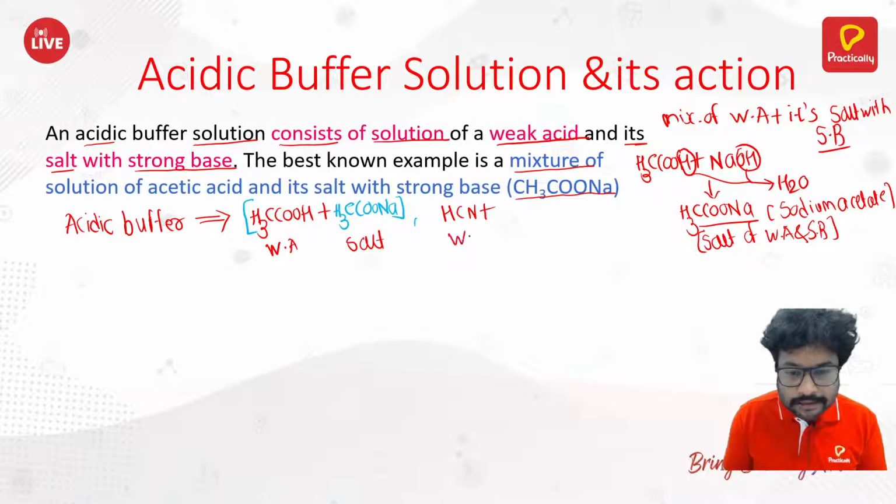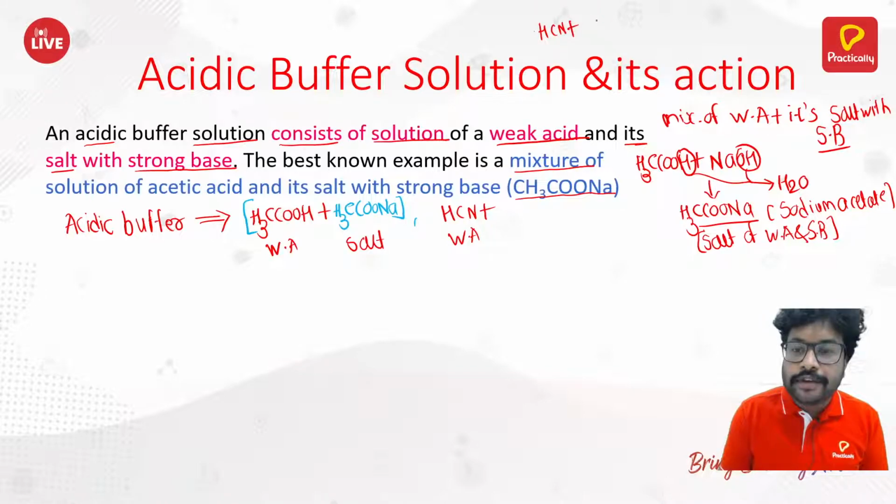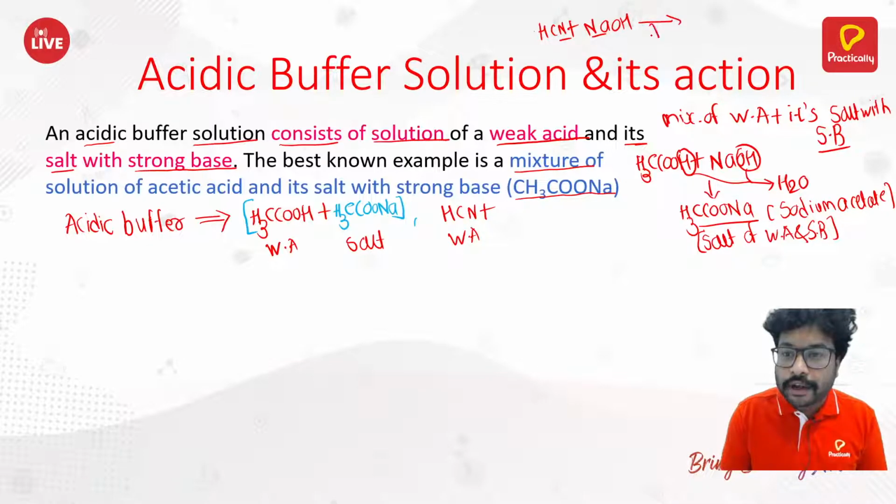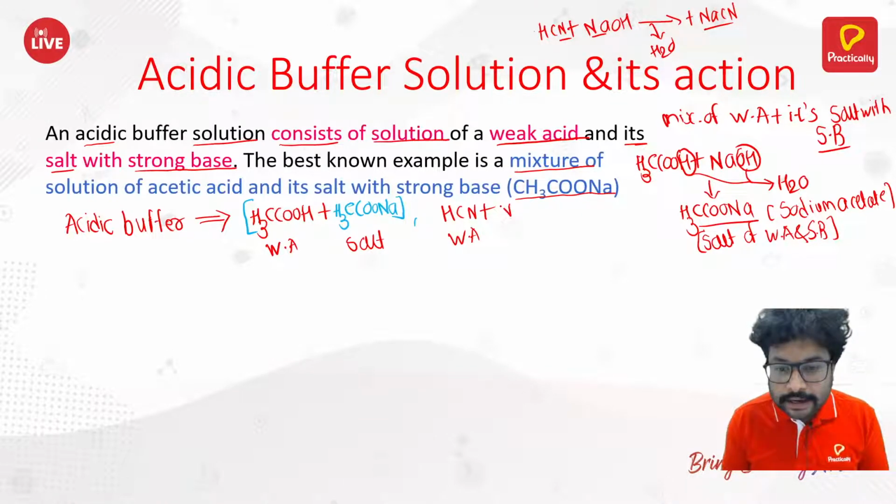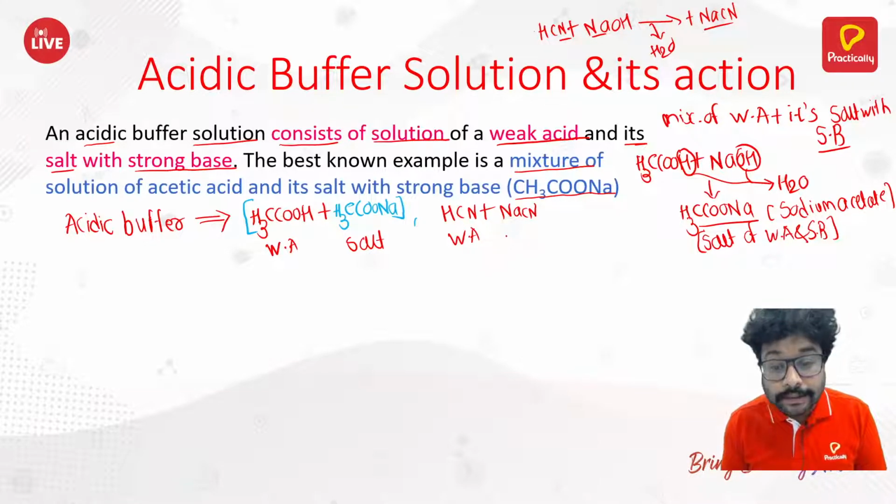Similarly, HCN is a weak acid and it will combine with the strong base NaOH. Water will come out here and you will get NaCN. So HCN plus NaCN is a second example of an acidic buffer.